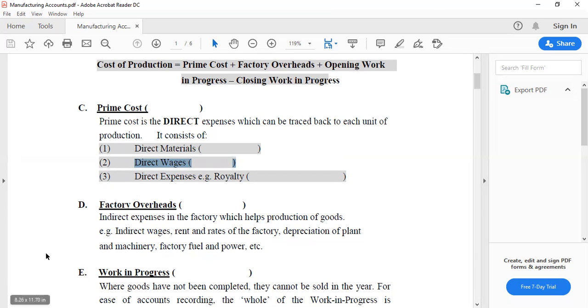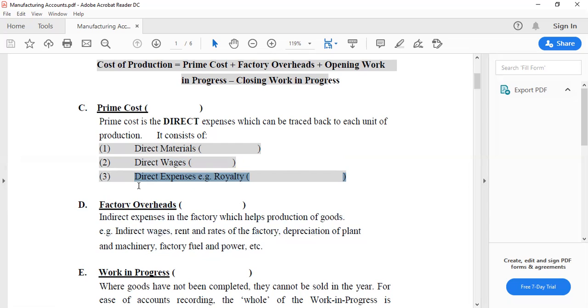And then under prime cost, we have the direct expenses. These are all the other expenses apart from materials and wages that can be directly traced to the final output. Direct expenses like electricity in the workshop, the lighting of the workshop, the fuel maybe for the machinery.